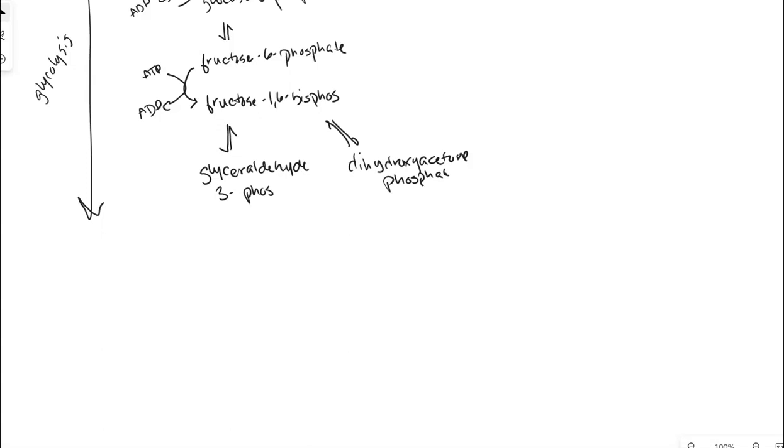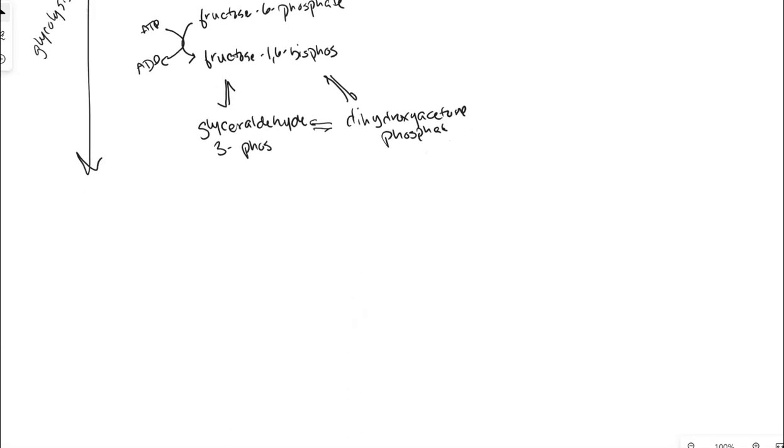And of course, we go back and forth between these so that we end up with two equivalents of the glyceraldehyde 3-phosphate. And from glyceraldehyde 3-phosphate, we're going to start the second phase where we get the conversion to 1,3-bisphosphoglycerate.